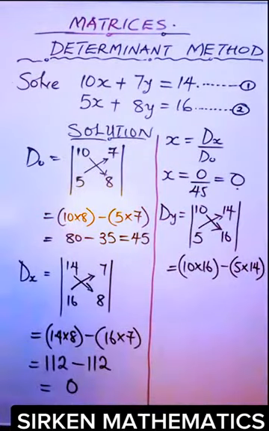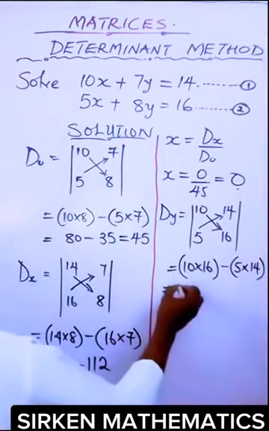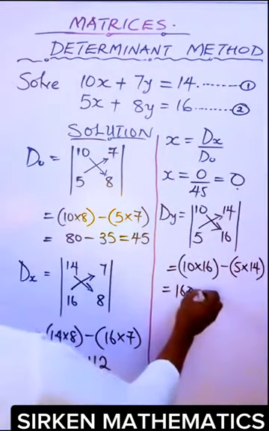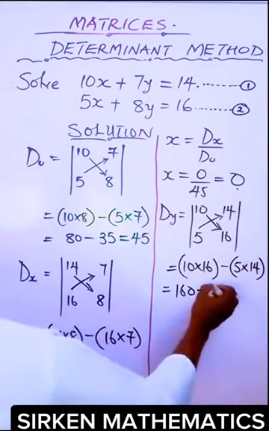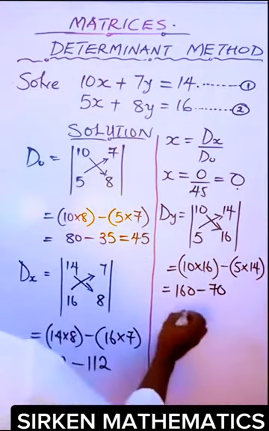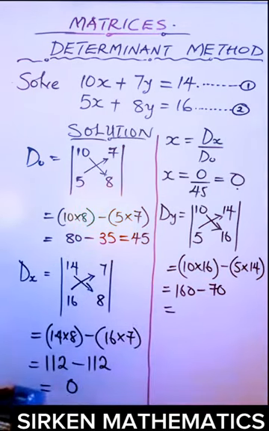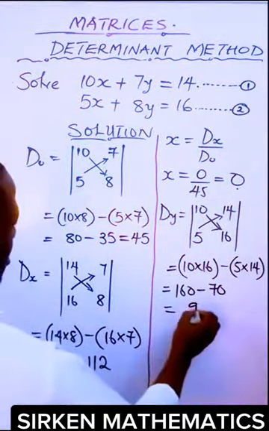Do you get? And of course, if you go further, this will be 160 minus 70. And that will be what? 160 minus 70 will give me 90.